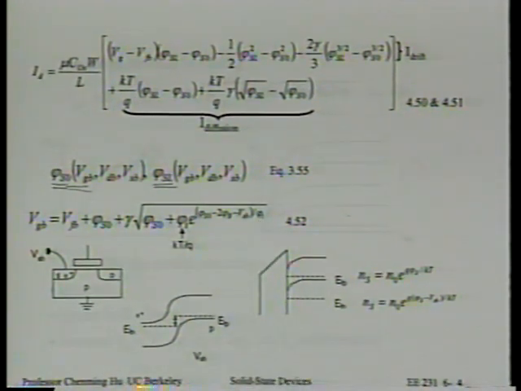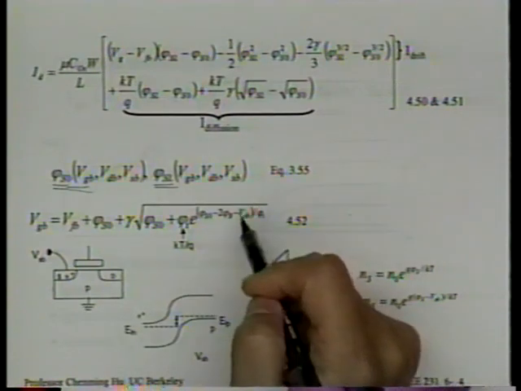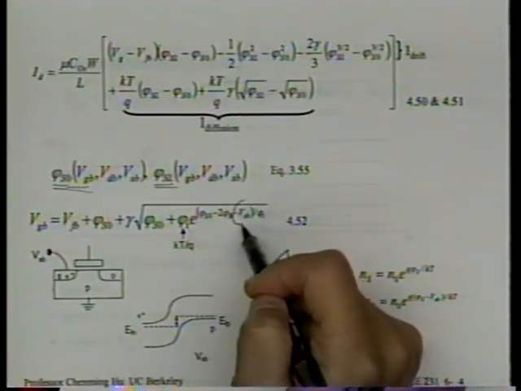Phi t is kT over q again. Yes, it is kT over q. That's right. So don't worry about this term, I'll explain this term in a minute.